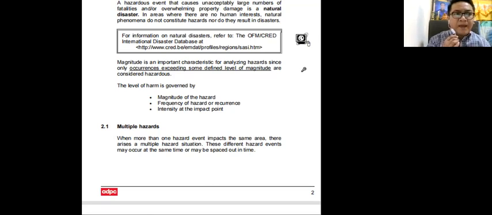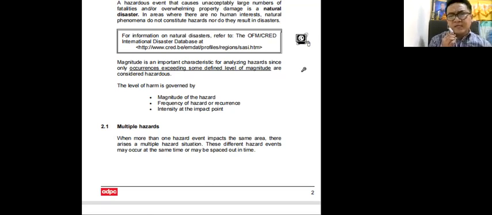Halimbawa ho, pwedeng sabihin natin hydrometeorological hazard. Typhoon, nagkaroon po ng bagyo. So it's a kind of hazard. And then ano po yung secondary hazard niya? Storm surge. Pwede na po iyon, 1:1. Yun po, pwede natin sabihin siyang secondary hazard.